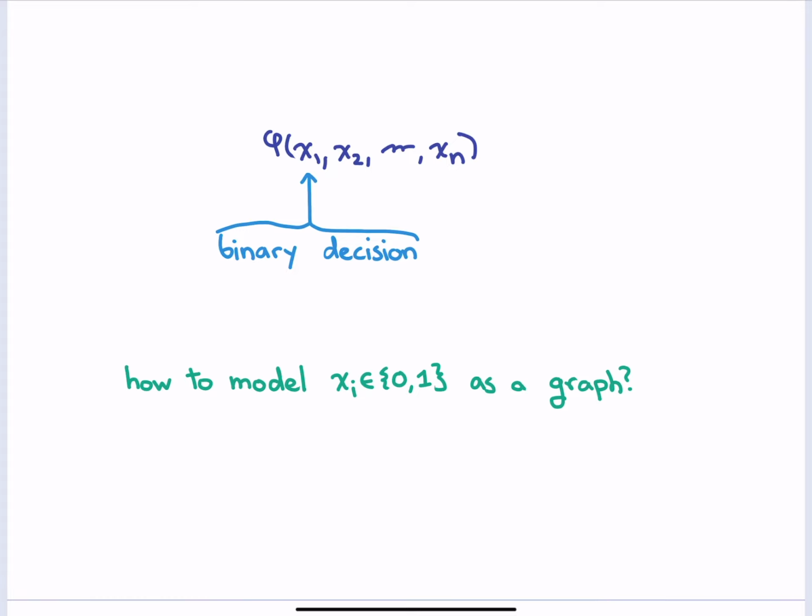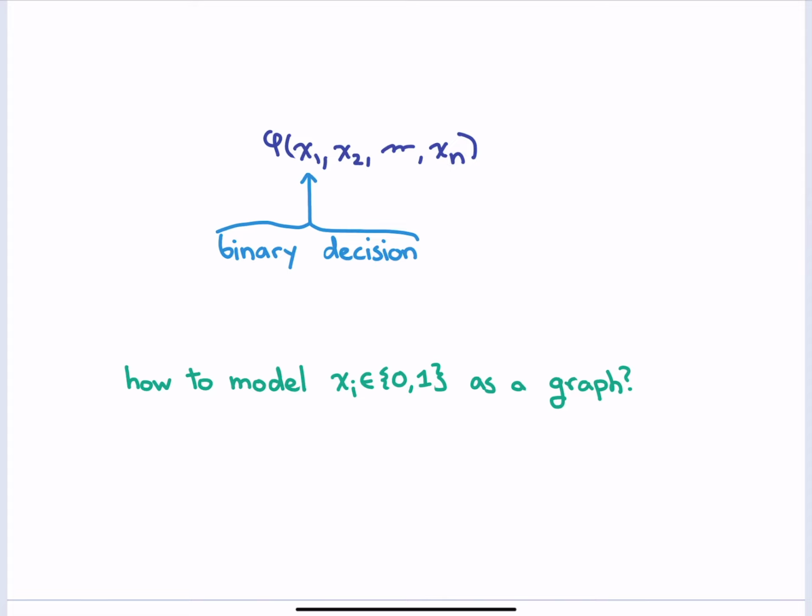Okay, so let's say you have some formula. For some reason, I used phi instead of f. It's the same, I guess, in Greek. So when I'm looking at something like f or phi of x1 through xn, you're going to assign each xi to either 0 or 1.